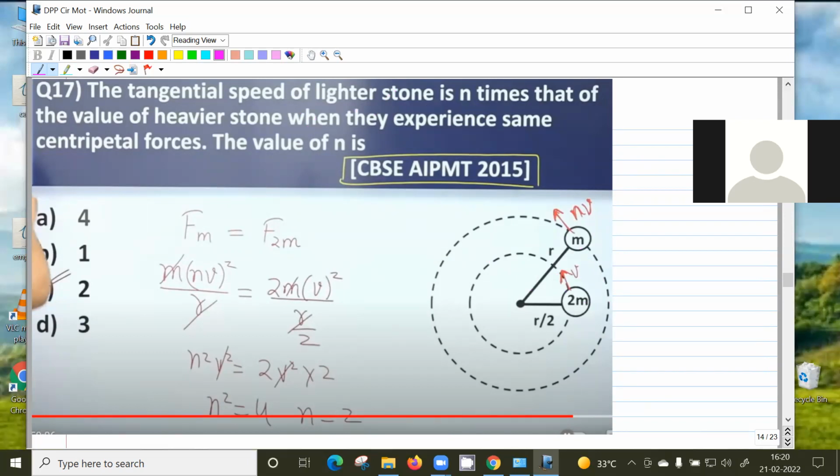Centripetal force is m v squared by r, so I put in the corresponding masses, corresponding radii and corresponding velocities. N is 2.